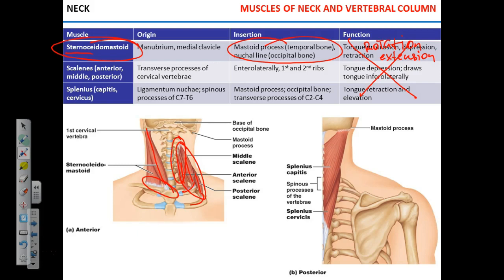What about Arnold? No, you can't really appreciate scalenes on Bertie or Arnold, they're too deep. But if you shorten these muscles, it will rotate the head to the opposite side. Does that make sense? They will also be responsible for the lateral flexion of the head.